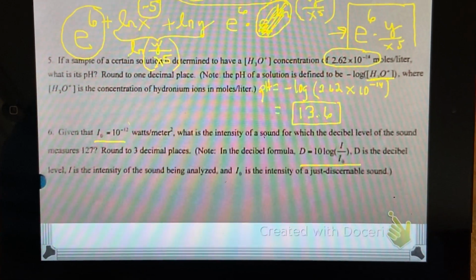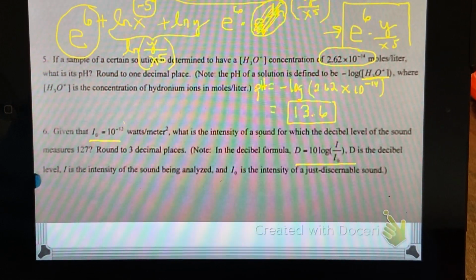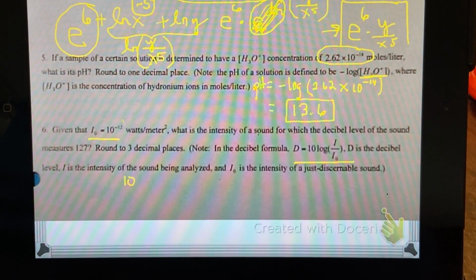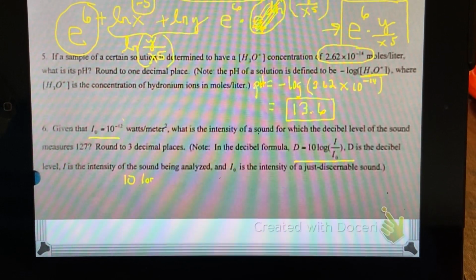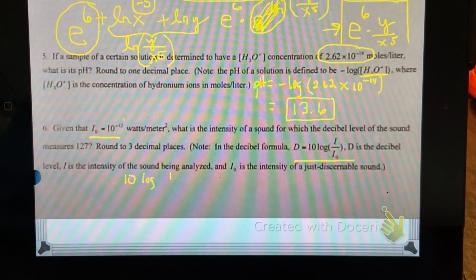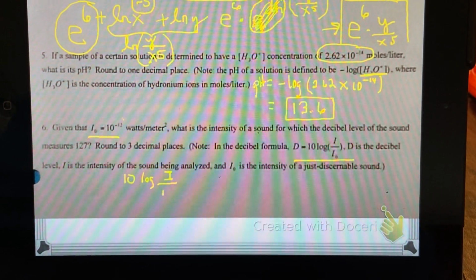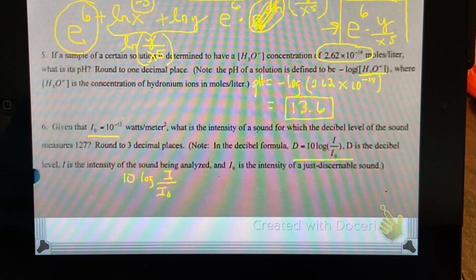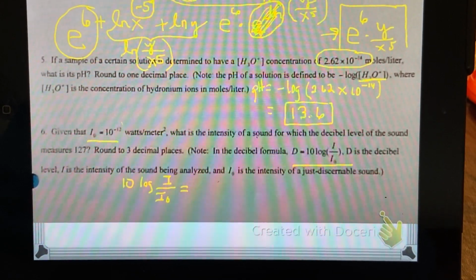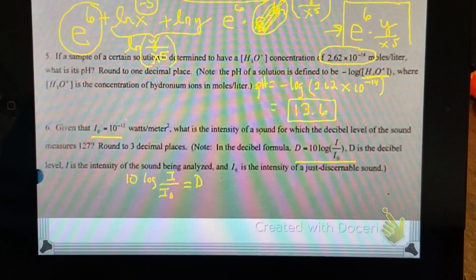So I'm going to flip it around and do a little bit of work here, if that's okay. I'm going to copy it down. So that's 10 log, and then there's 2 parts. There's an I, and then there's an I naught. Well, I naught is initial intensity. So we talked about that a second ago. Equals D. So I'm going to substitute in my numbers.